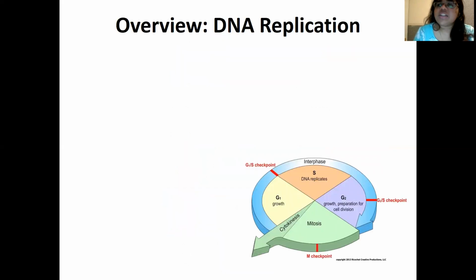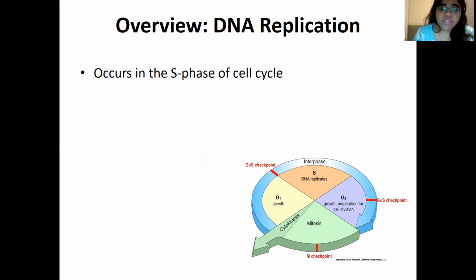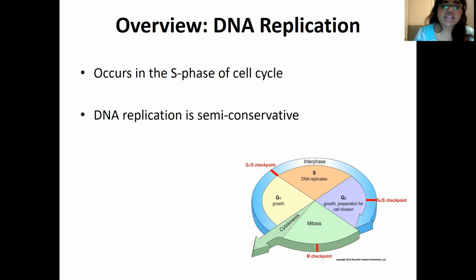Okay, so to start off, let's do an overview of DNA replication. This occurs in the S phase of the cell cycle, and it is semi-conservative, right? We remember this from one of the very first lectures we've had in this course. So this here is just showing the cell cycle itself.